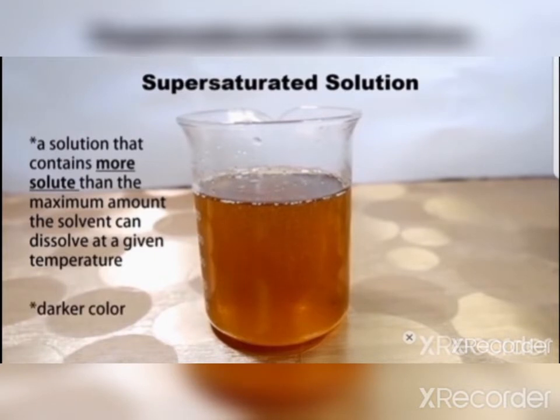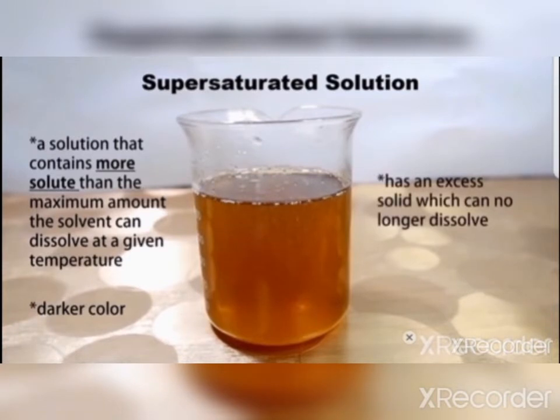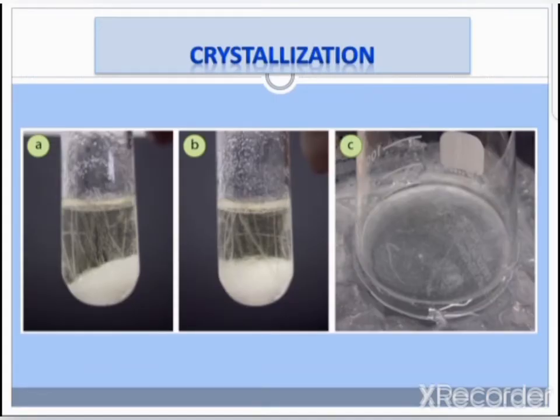It is darker in color. It has an excess solid which can no longer dissolve. A supersaturated solution is not stable in the presence of crystals of solute. If you add a crystal of sodium thiosulfate to a supersaturated solution of sodium thiosulfate, crystallization will start.